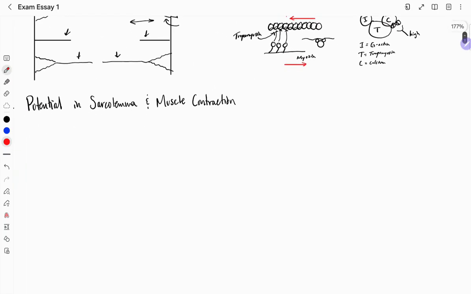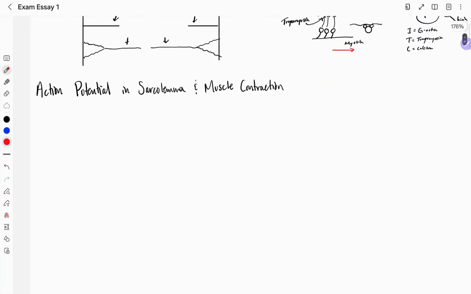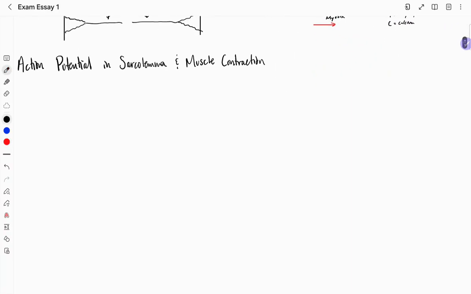So again, looking at this myosin and F-actin, how does that work? Well, let's take a look.